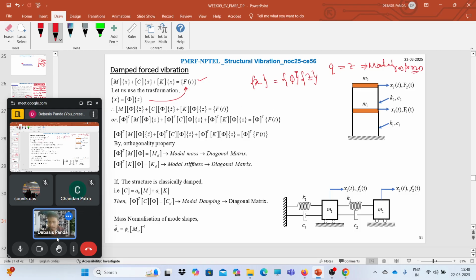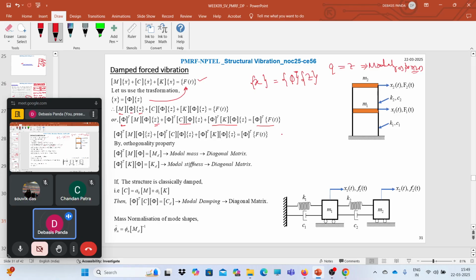So what will happen? We'll have M phi z double dot plus C phi z dot plus K phi z equals F. Now pre-multiply both sides with phi transpose. So phi transpose M phi z double dot plus phi transpose C phi z dot plus phi transpose K phi z is nothing but phi transpose F(t).